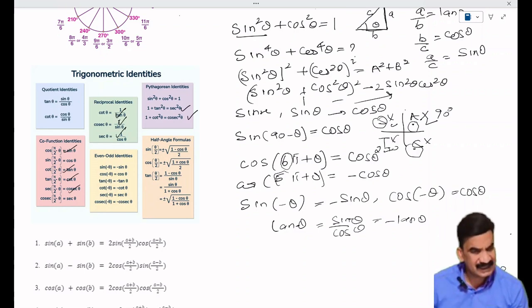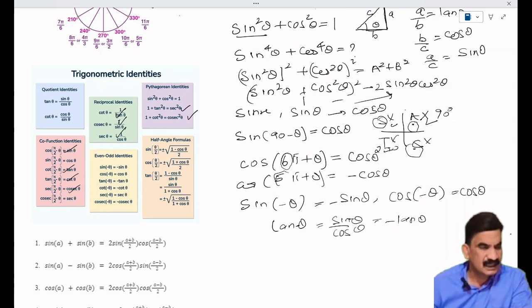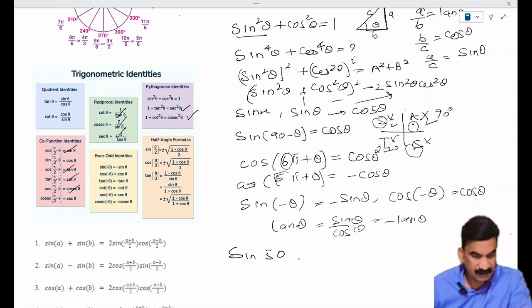Then there is something else I want to cover, which is what happens when you're given something like this. Let me take an example. Suppose you're given a question which is sine 50 degrees minus sine 70 plus sine 10. Please assume that unless I say it's radian, it is degree.